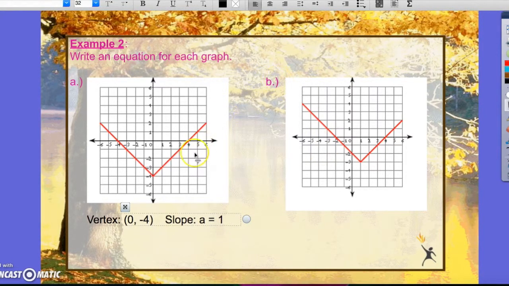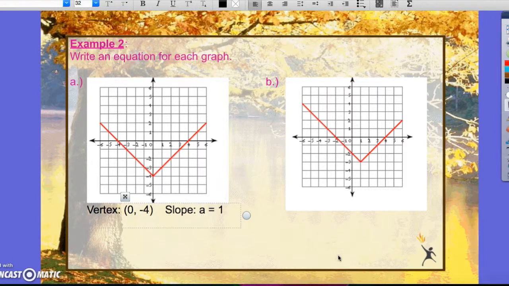So now how do we write that? Let's take a look. I have this information. We know our formula is y equals a times the absolute value of x minus h, plus k. So here's my formula. Let's plug in h, k, and a.